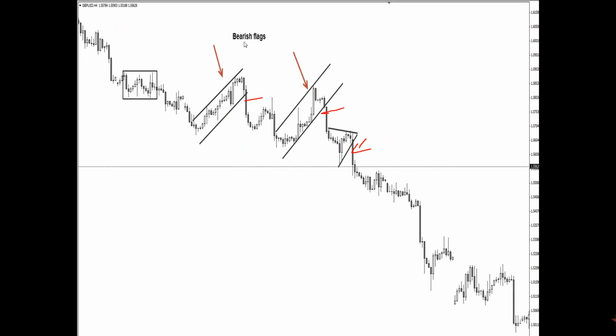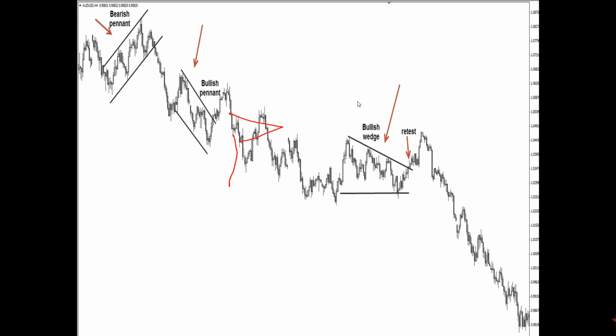But the important thing is that these bearish flags are supported only in a downtrend, as they represent the retracement. They represent a retracement on a chart. This kind of pennant is a more advanced pattern, but we will not talk about it now.